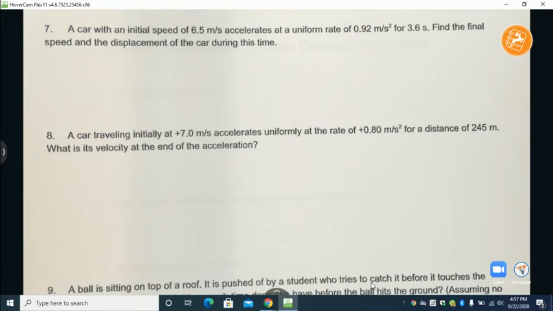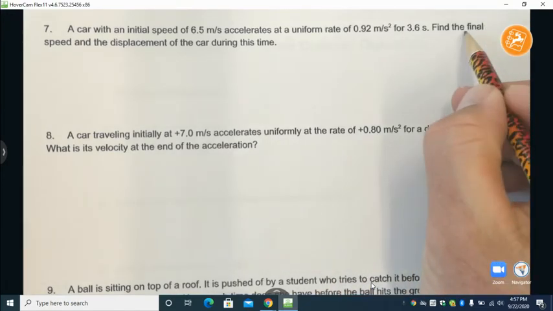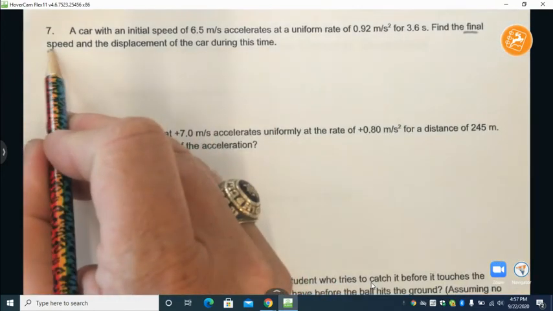In this video, we will discuss problems 7 and 8. With an initial speed of 6.5 meters per second, accelerates at a uniform rate of 0.92 meters per second squared for 3.6 seconds. Find the final speed and displacement during this time. So we actually have two that we're solving for.